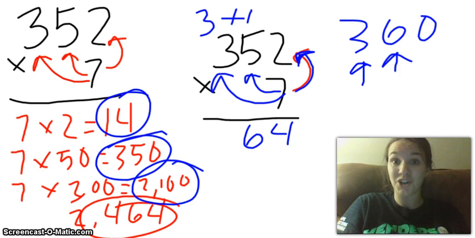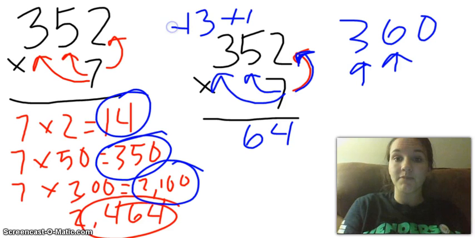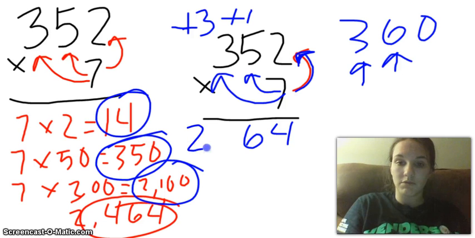That's my 2100s. 2100s is the same as 2100. So 2100s plus I have the 3 that I regrouped from 360. So 2100s plus 3 more hundreds is going to give me 2400s.